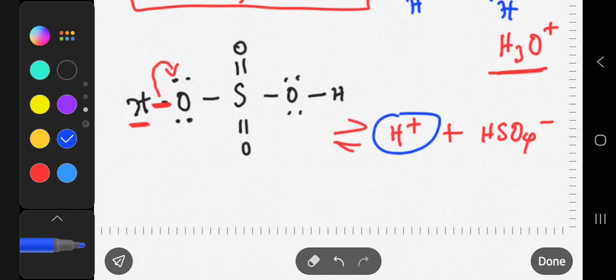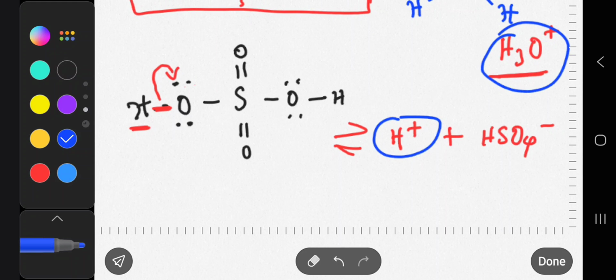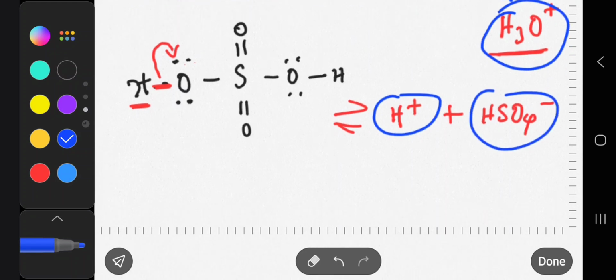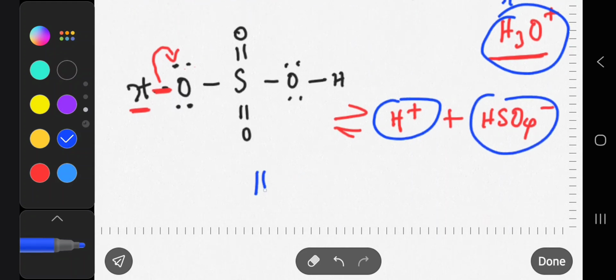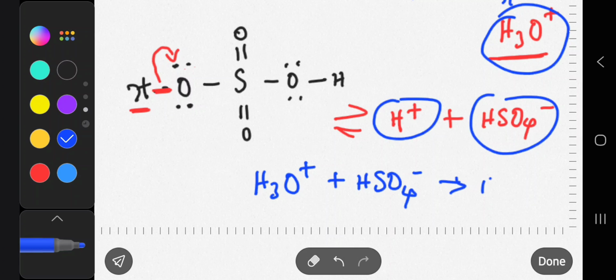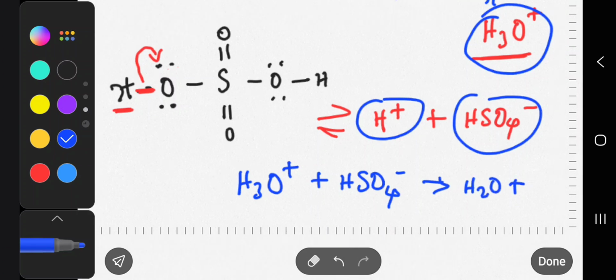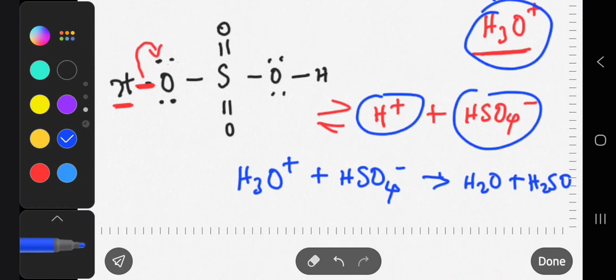So this is what now went into the reaction. Okay, so now this hydronium ion can react with this. Now we're going to have H3O plus and HSO4 minus. This is going to give you water plus H2SO4.